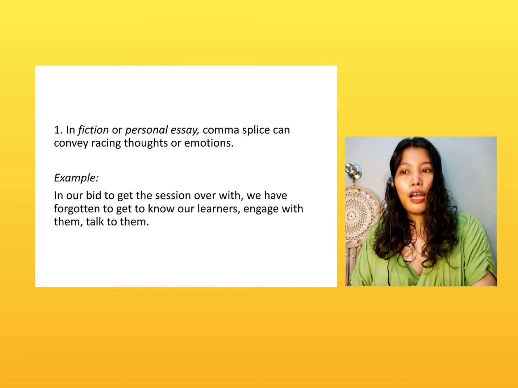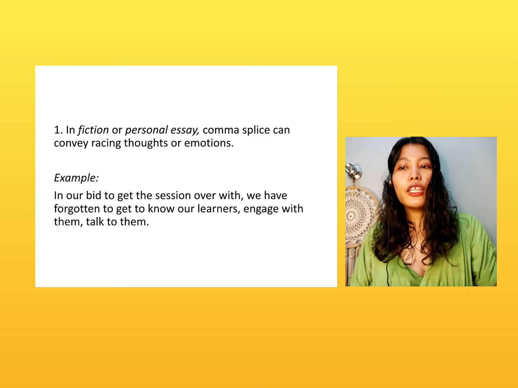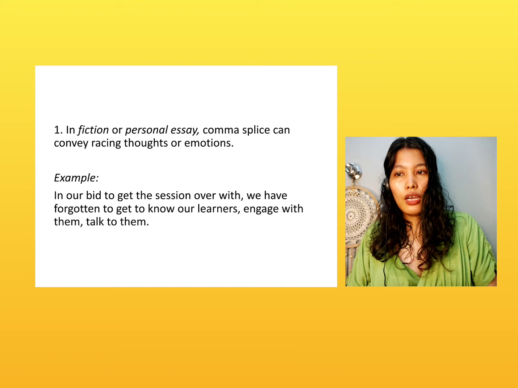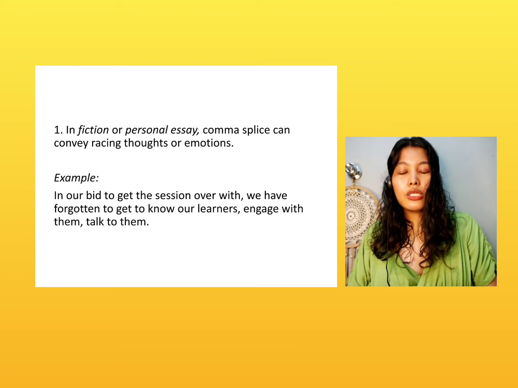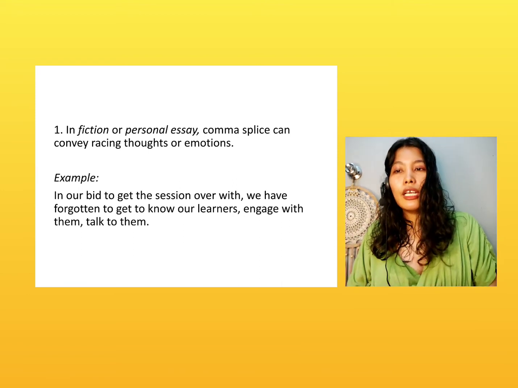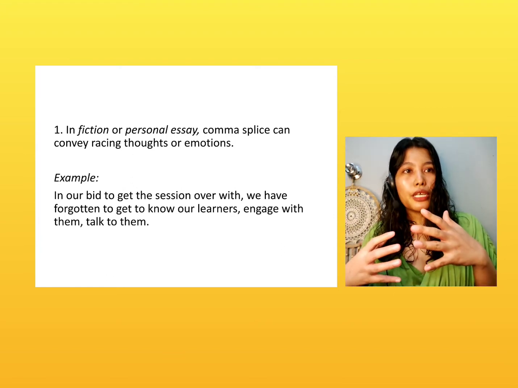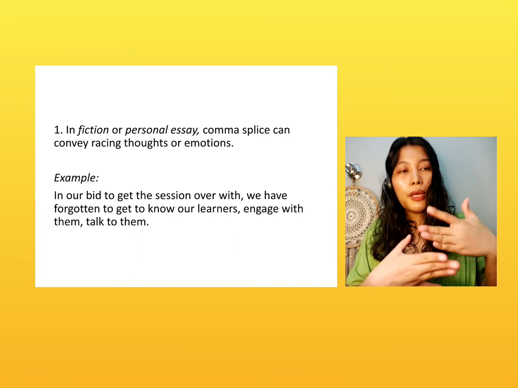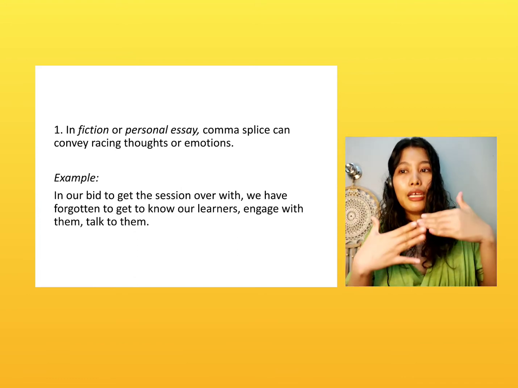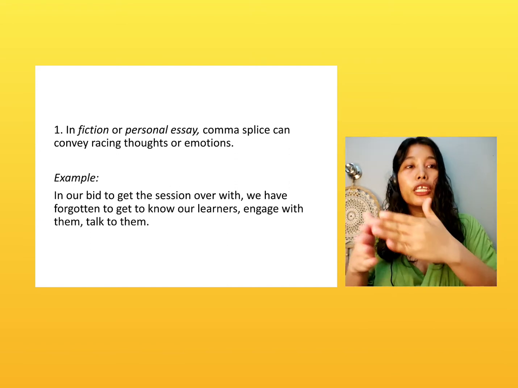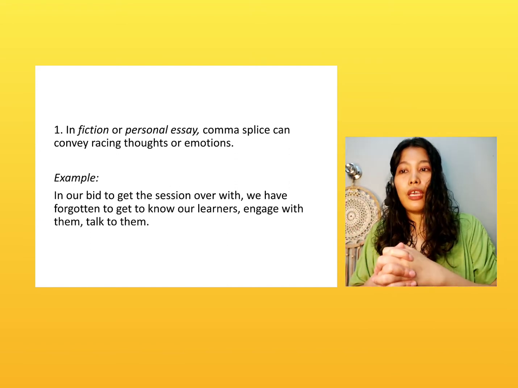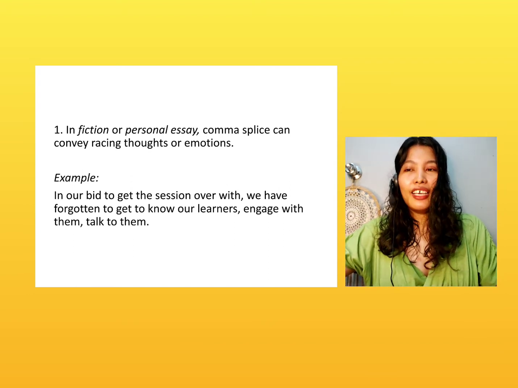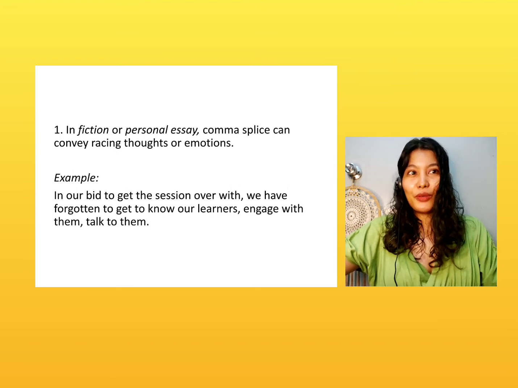And so therefore, even though we have forgotten to get to know our learners, engage with them, talk to them, okay, there is a missing conjunction there, and there are independent clauses within them. This is acceptable within this particular context, okay? Because it's a personal essay and covered by the creative license to forgo the rules of grammar.